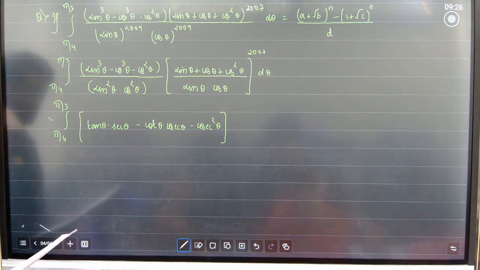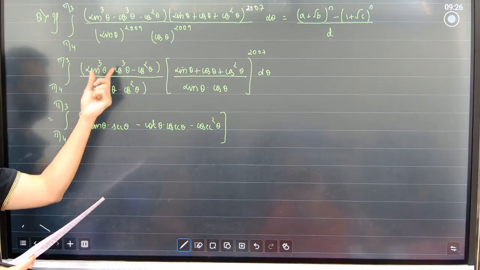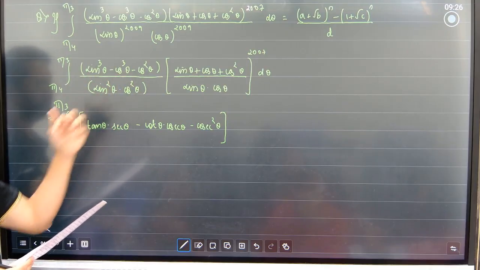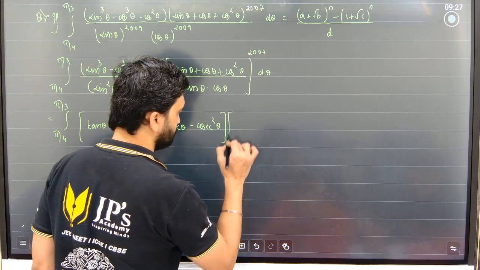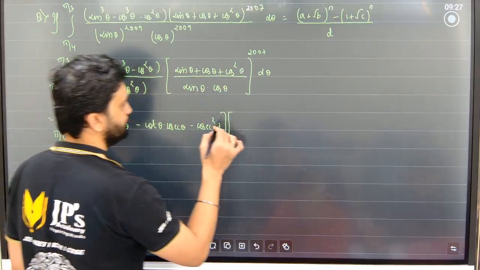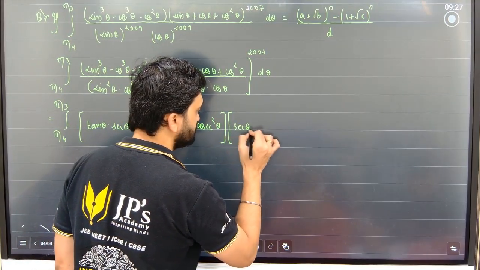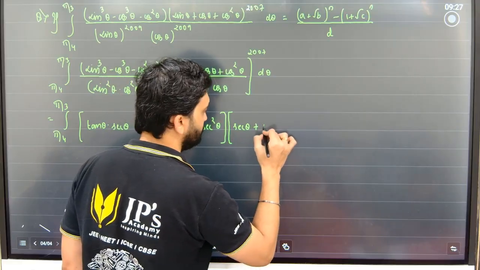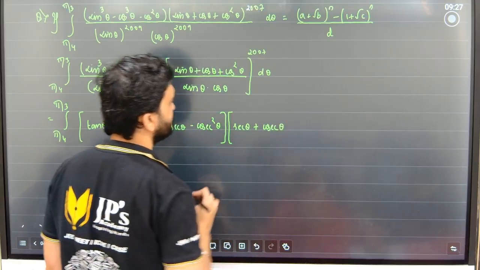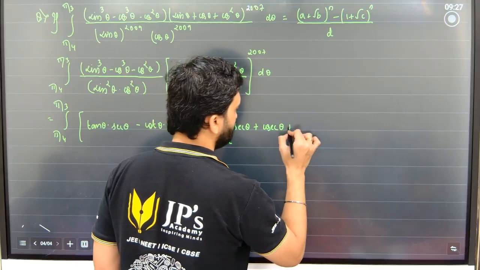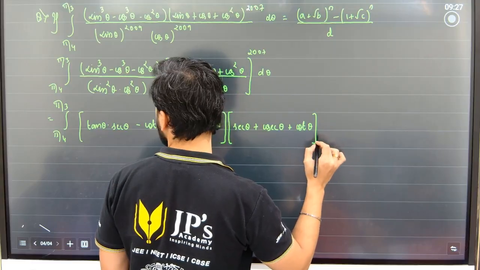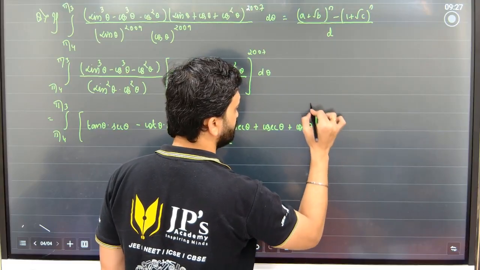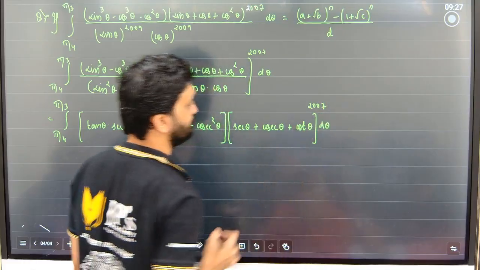Individually I have just taken first term upon denominator, minus second term upon denominator, minus third term upon denominator, and if I simplify it here, this will become sec theta plus cosec theta plus cot theta, the whole raised to 2007, d theta.